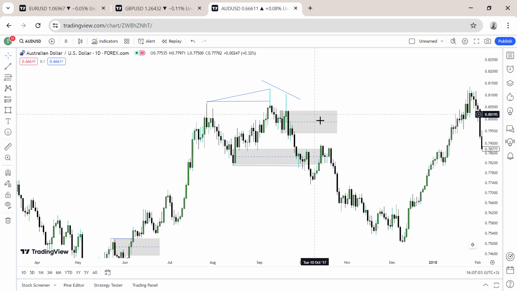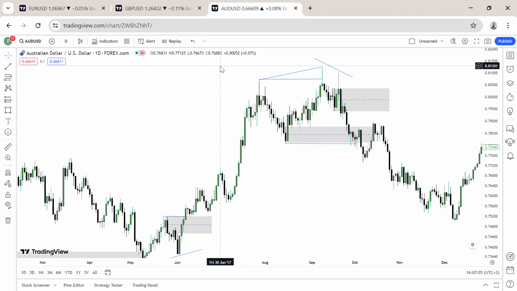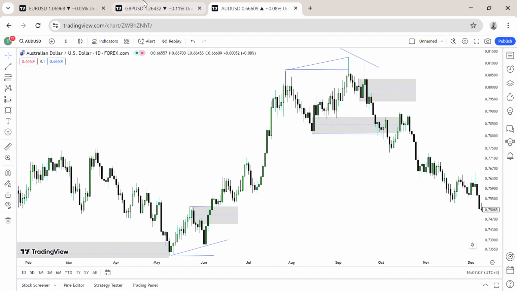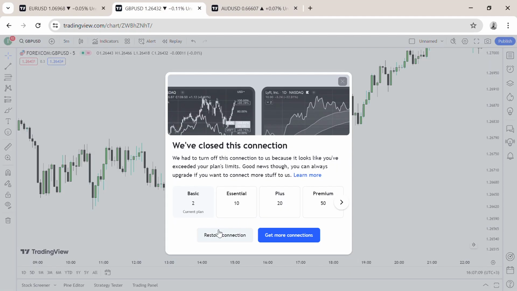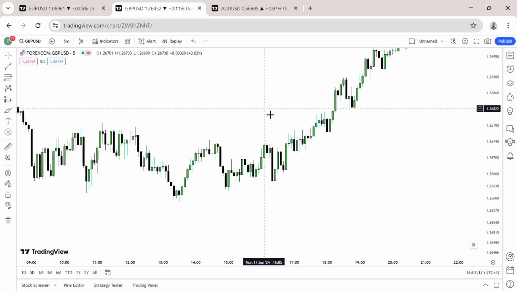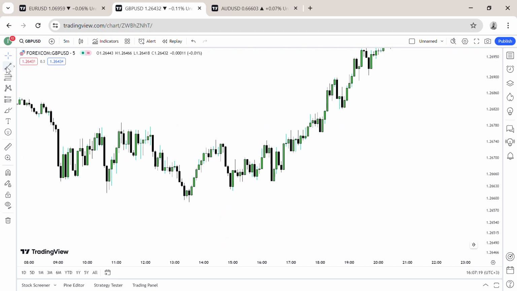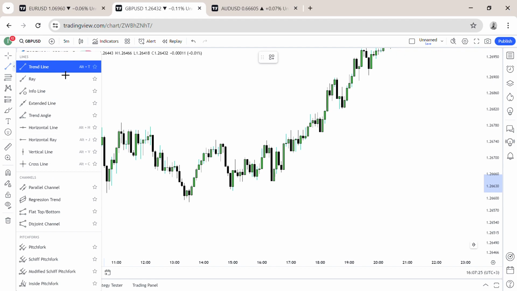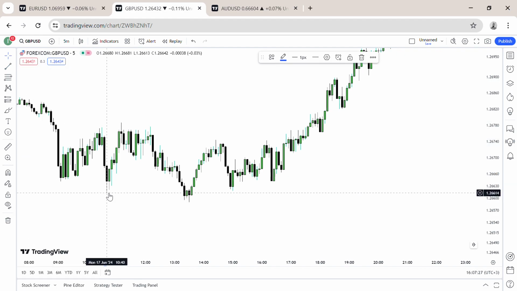Okay, now let's go back to another chart. Let's go back to GBP USD. Let's see if we'll find something of the sort. All right, now let's have a look at this chart again. As you can see clearly, that was a liquidity sweep, right? This was a liquidity sweep just right here.